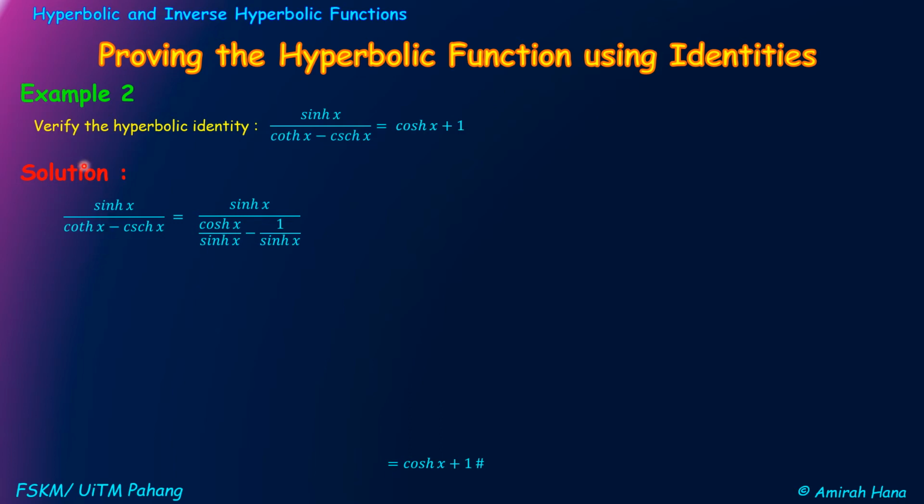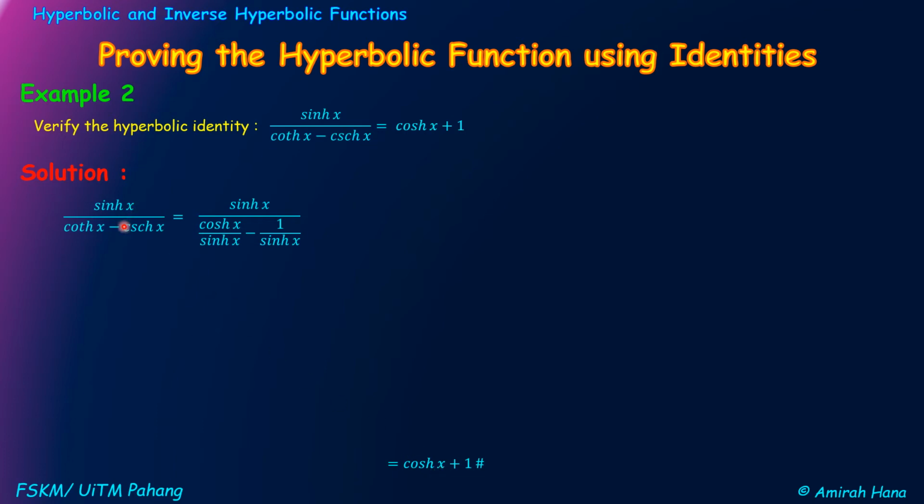But since we want to verify in terms of cos x, so we write cos x equals cos x over sin x. Okay, we write in terms of cos because we want to verify in terms of cos x.